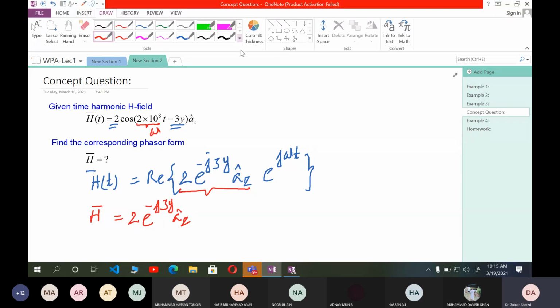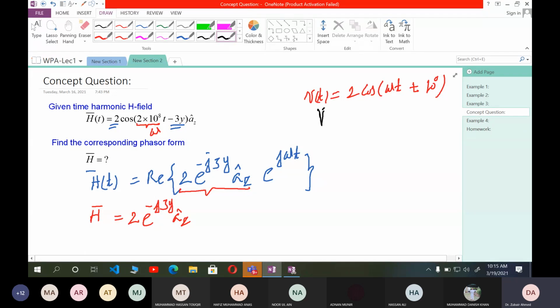Simply, when you write the scalar phasor, let's say v of t is equal to 2 cosine(ωt plus 10 degrees). If I ask you to write the phasor corresponding to this, you have done it in network analysis a lot of times.